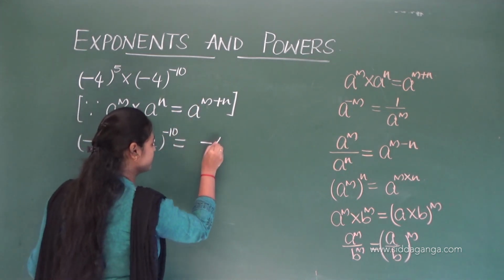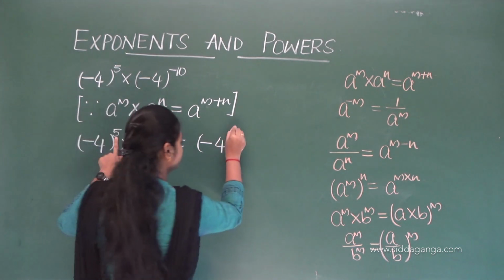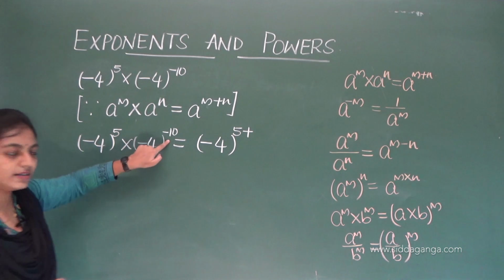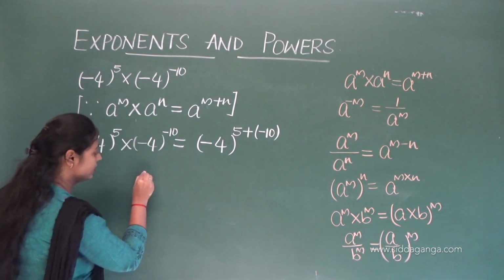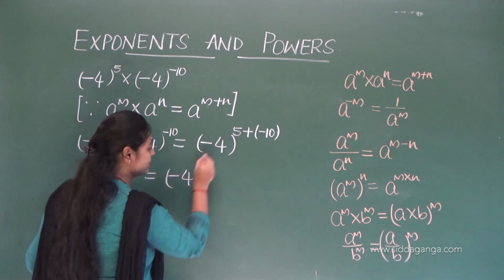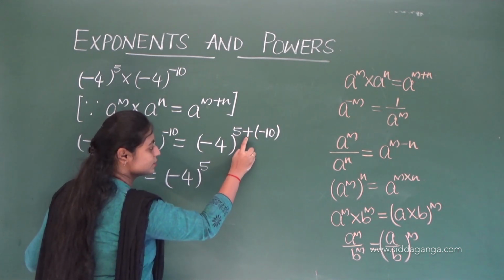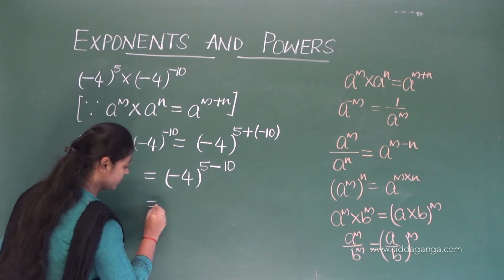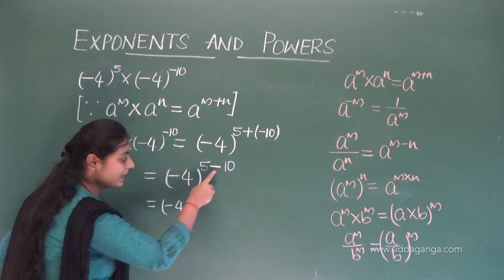Here a is minus 4, m is 5, n is minus 10. So bracket minus 10, that is equal to minus 4 whole to the power of 5 plus into minus bracket, so plus into minus is minus 10, that is equal to minus 4 whole to the power of 5 minus 10.